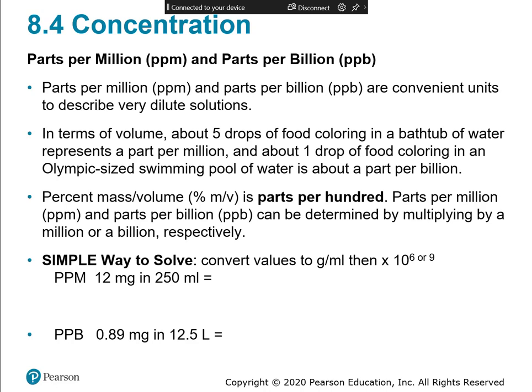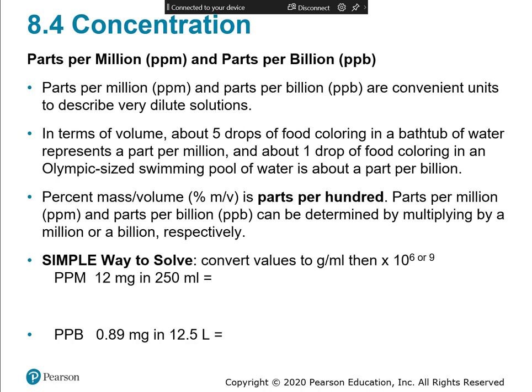Third one. The third one is called parts per million or parts per billion. Really, percent is parts per 100. So if you have a 1% sodium chloride solution, that's 1 part per 100. So this is really talking about 1 part per million or 1 part per billion.